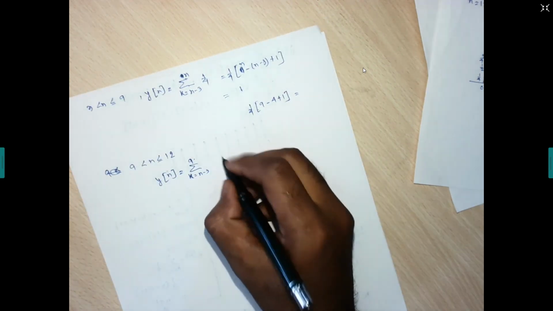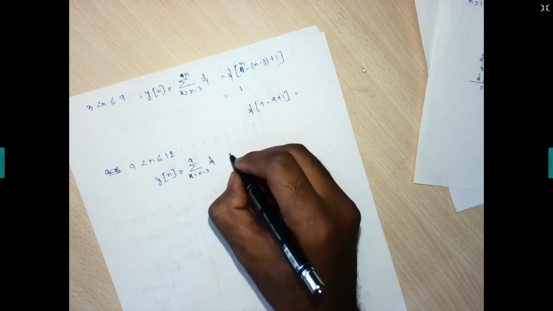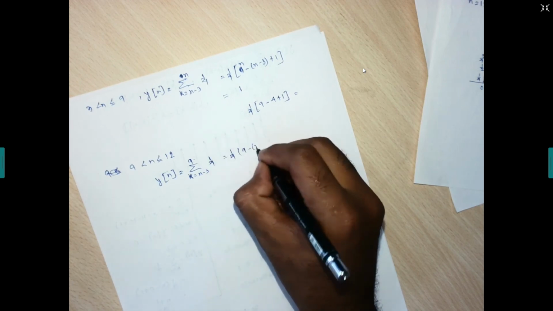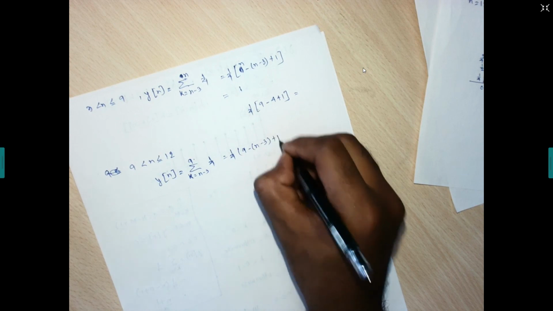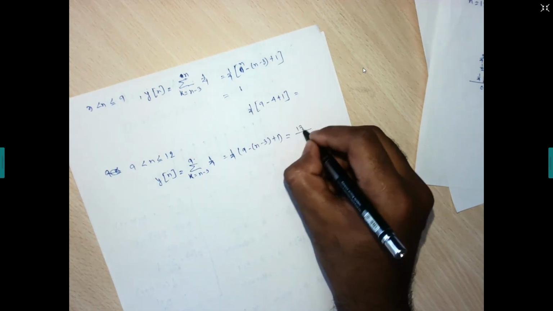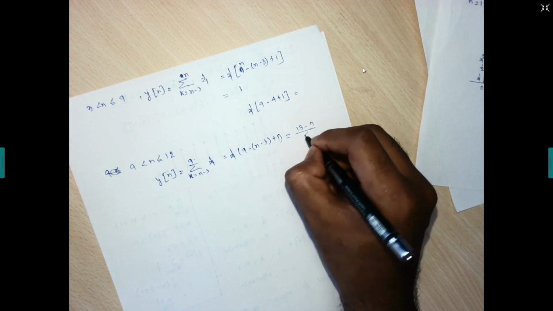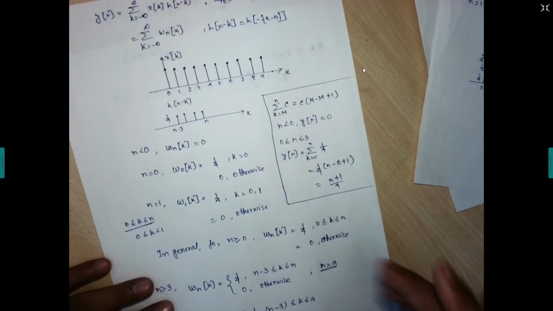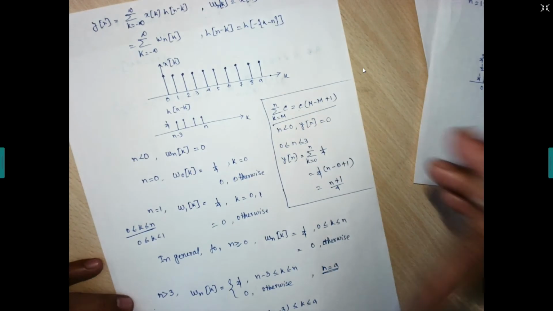So 1 by 4, I'm just explaining, let me write this one first. 1 by 4, that is 9 minus n minus 3 plus 1, that is your 13 minus n by 4. So what I have just written, just have a look. This is the summation rule we can take.